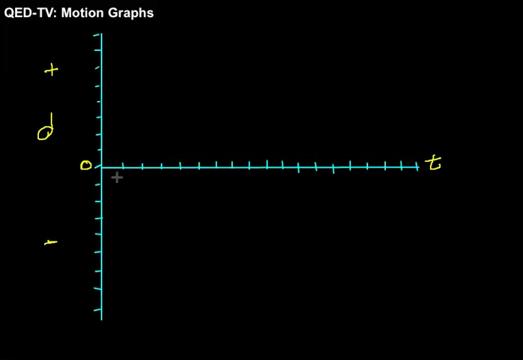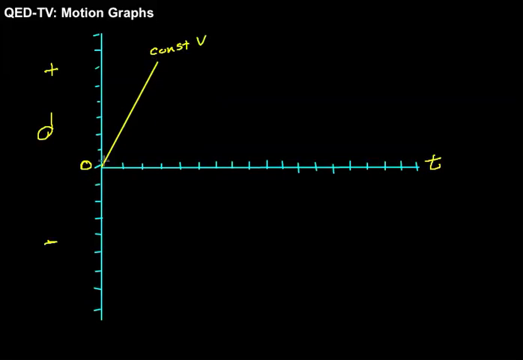If I have a straight line, you'd have something like this. And this would mean that you travel so many meters in so much time, and the straight line would represent a constant velocity. We'd have a constant v, constant velocity.